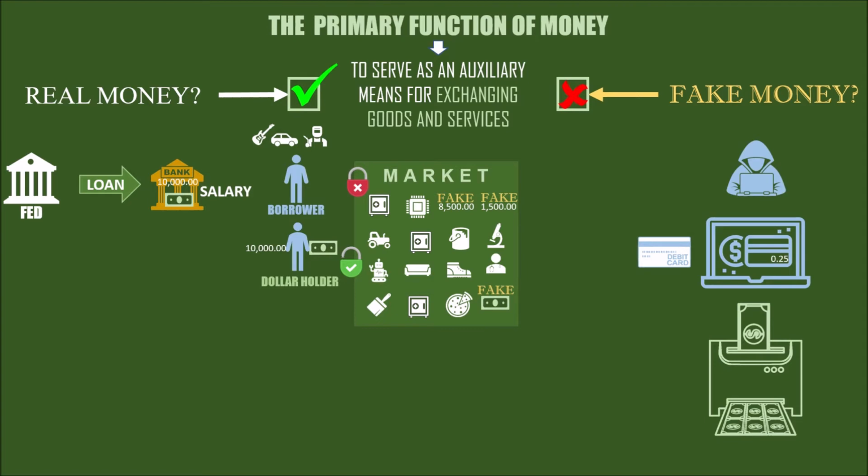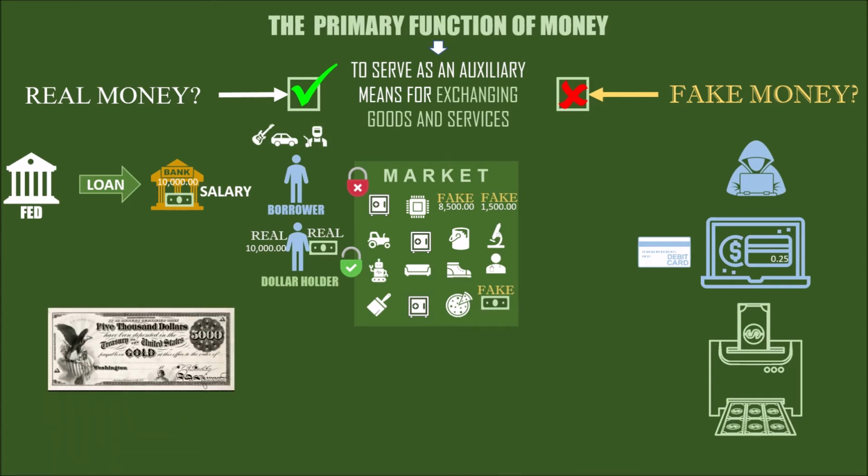In other words, unlike the guy that created fake money, the borrower did not use digits and bills for extracting goods and services from the market participants. Instead, he used them as an auxiliary means for exchanging goods and services with these participants. For that reason, bills and digits that are created in the banking system perform the primary function of money, and as such, they are real money.